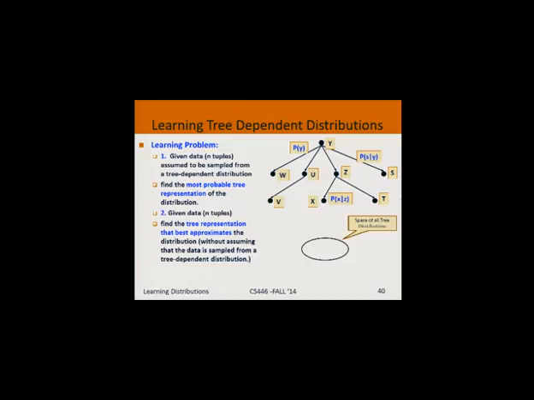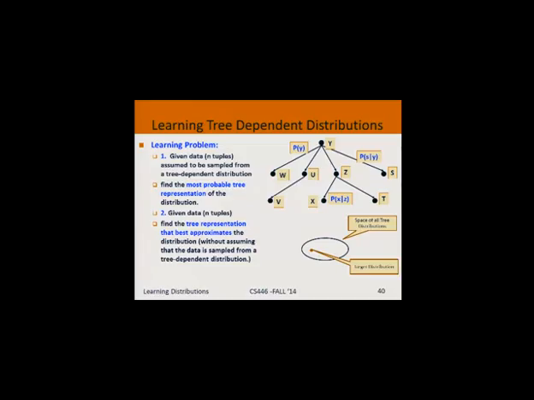Okay? So here is the game that we're playing here. Think about this. This is the space of all tree distributions. And in this space, there is one distribution that has generated the data we are observing, and I want to find it, or I want to find something that is most probable given the sample that I've seen.